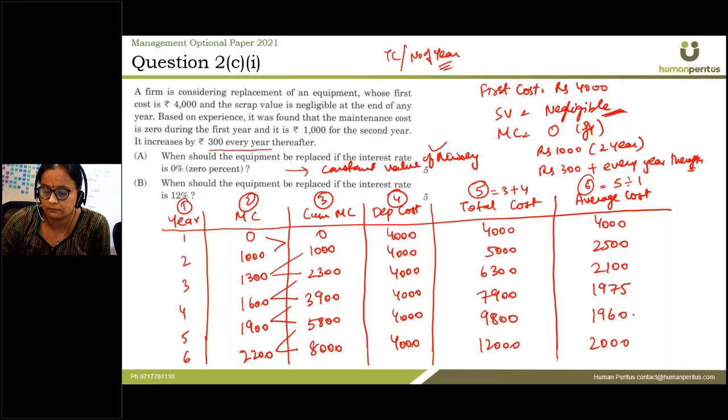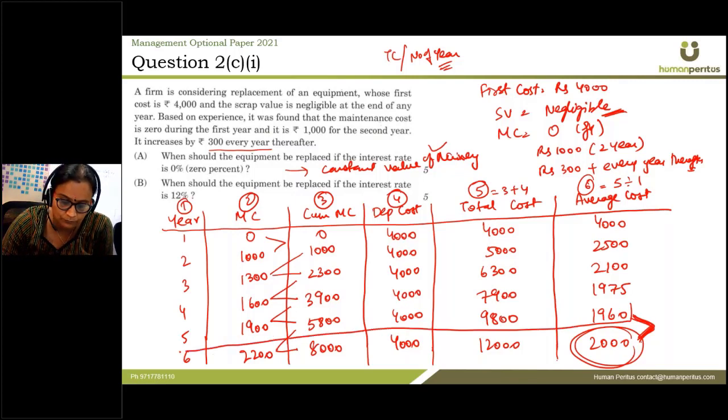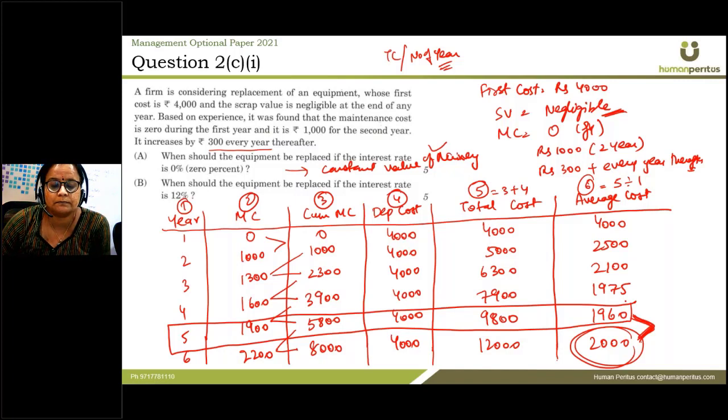Now you can see here that my average cost is getting increased at this level, so my optimum replacement period should be this. Fifth year. So in this question my optimum replacement period is year 5, because in the next year my average cost is getting increased.